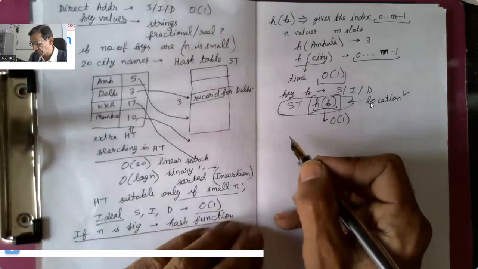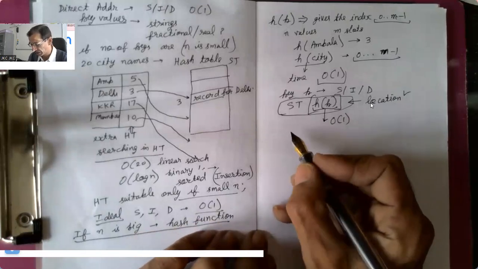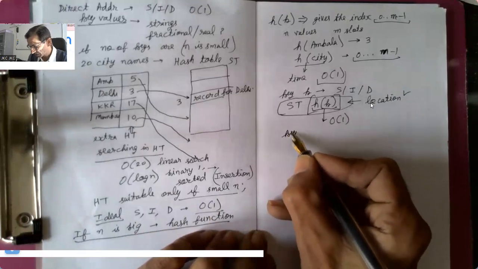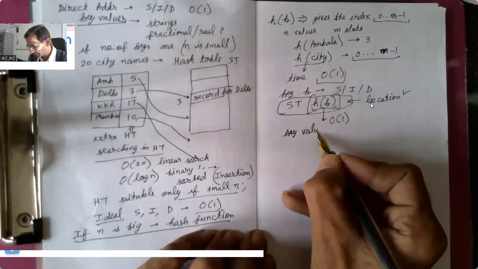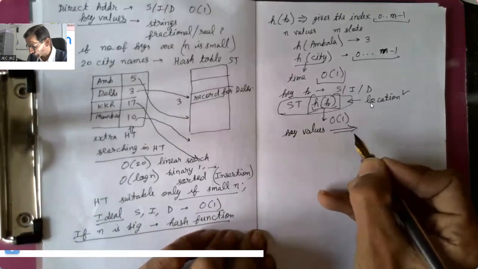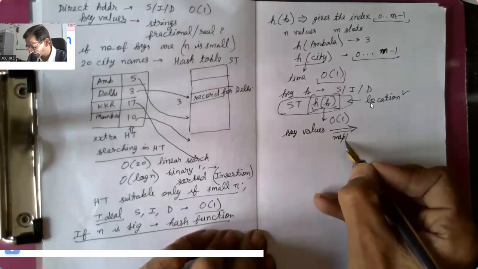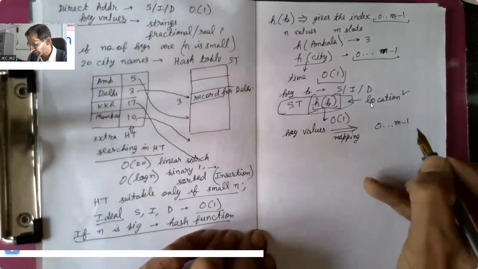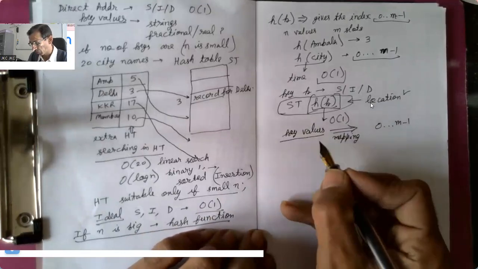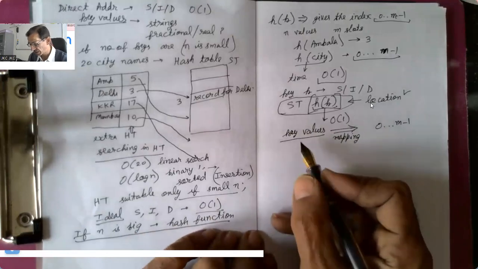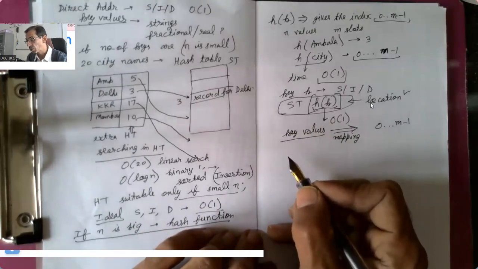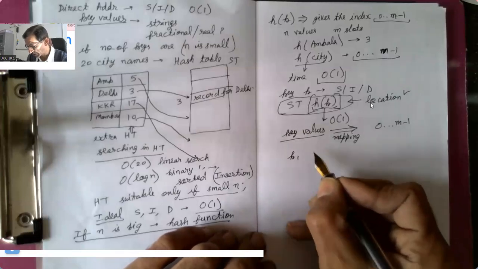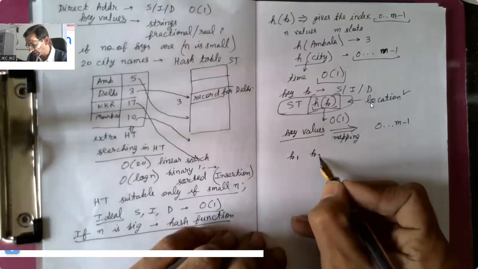For that, obviously, my hash function has to be defined. What my hash function does is that my universe of key values will be mapped; it is a function mapping these values to 0 to m minus 1. But in this case there is a possibility of collisions. I can have a value k1 and another value k2.